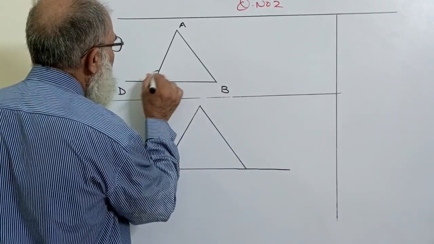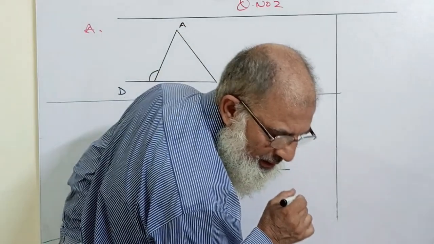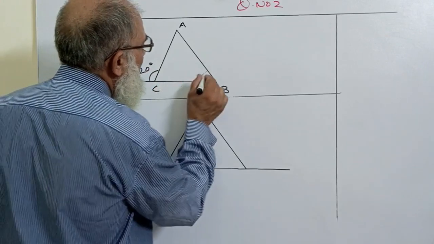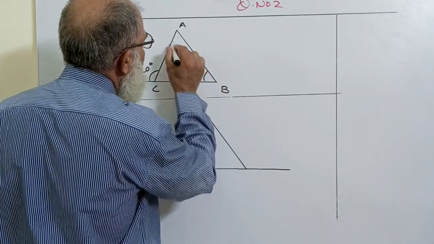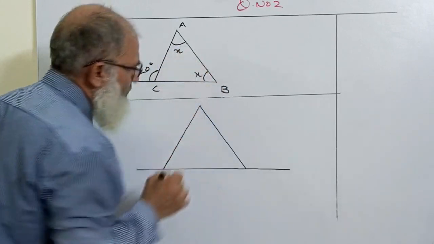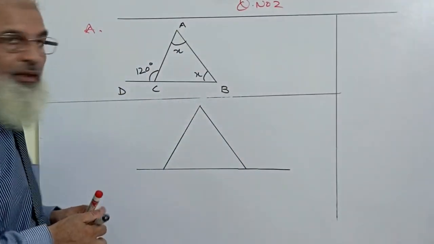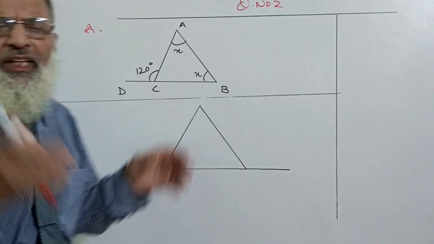Now this angle is given, and this is 120 degree, and this is x, and this is again x. Very simple.